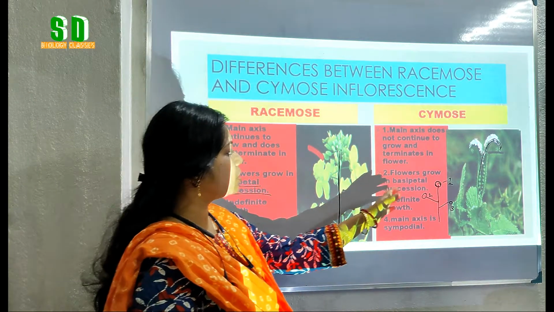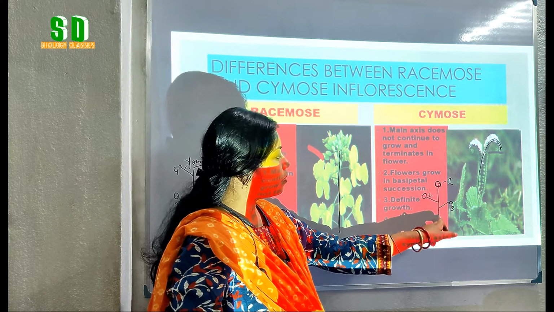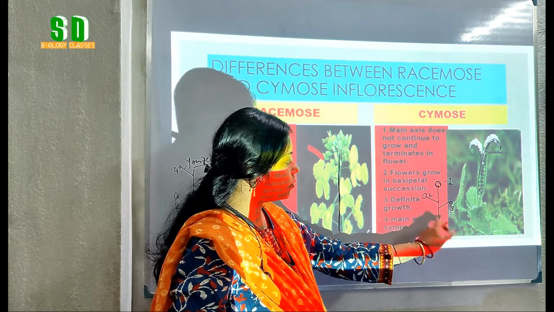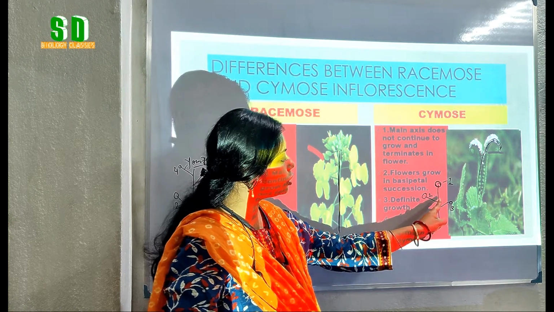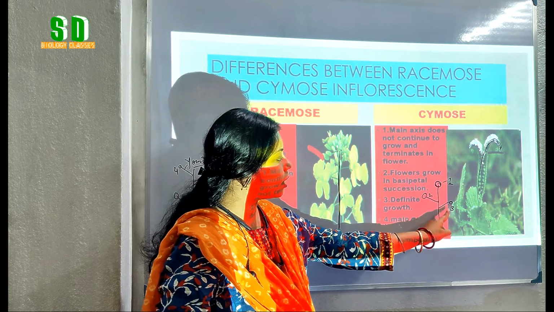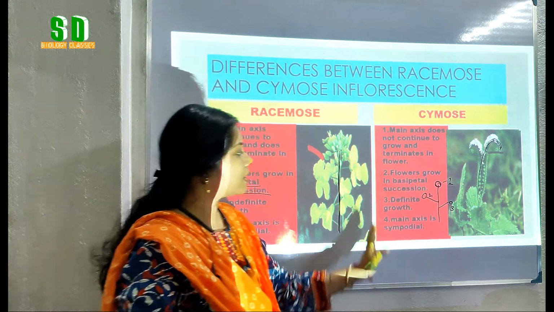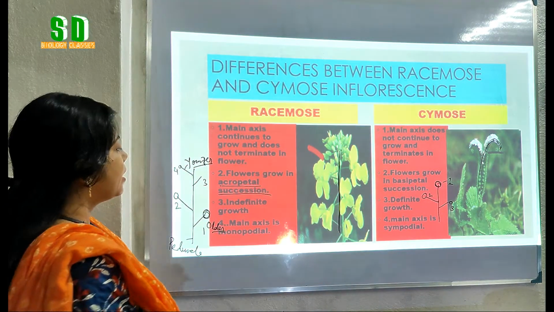This type of succession is called basipetal succession. Here you can see that the main floral axis is terminated by a flower, and the branches are also terminated by flowers, with the older flower at the tip and the younger flower at the base. So this is the basipetal succession that we see in cymose inflorescence.